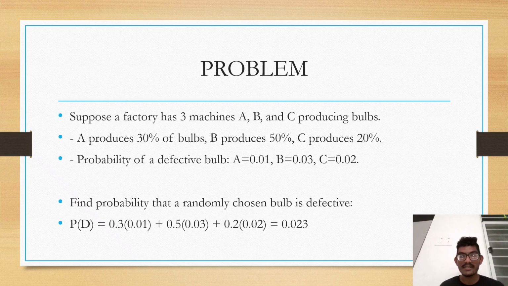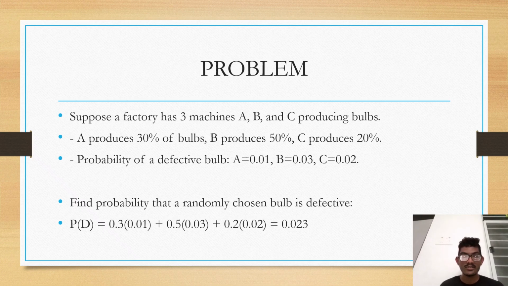That is 0.3. Here 0.01 means the probability of a defective bulb which is from A. Like that, 0.5 is the share of bulbs produced by machine B, and 0.03 is the defective bulbs produced by machine B. For machine C, 0.2 is the share of bulbs and 0.02 is the defective bulbs.